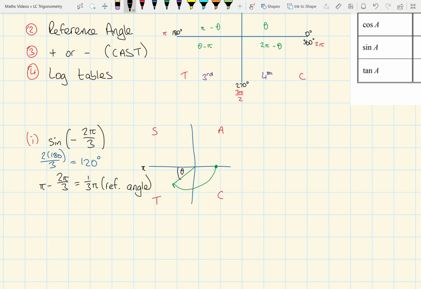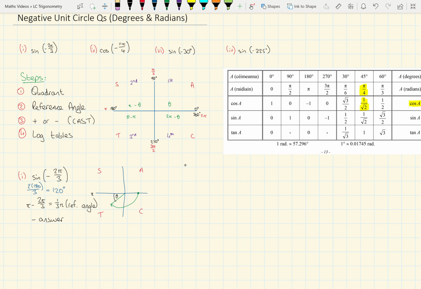And we know from looking here that only tan will be positive in our third quadrant, so we're going to have a negative answer. We go to our log tables. Our reference angle is pi over 3. We're dealing with sine, and there's our answer.